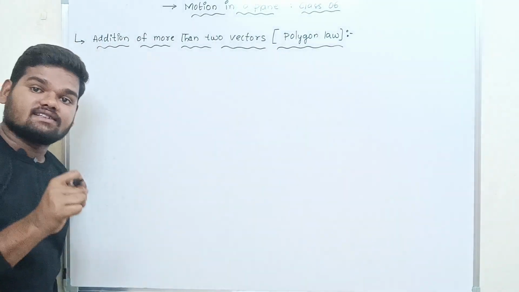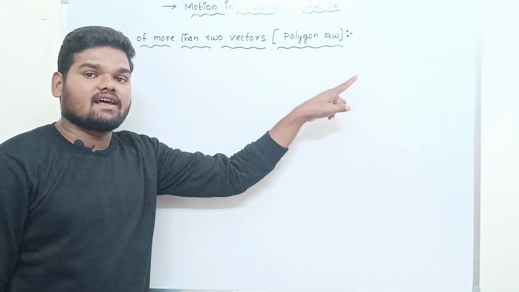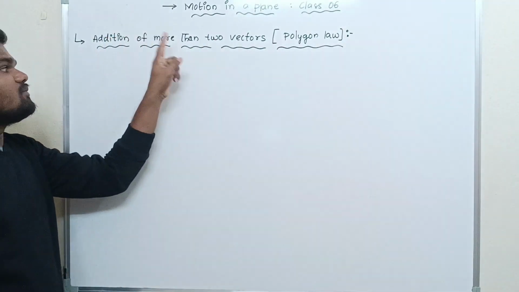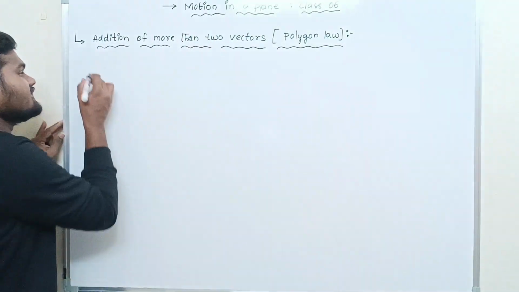Let us see the statement of the polygon law of vector addition, or addition of more than two vectors. Have a look at the statement.